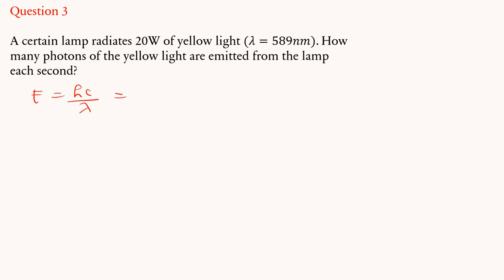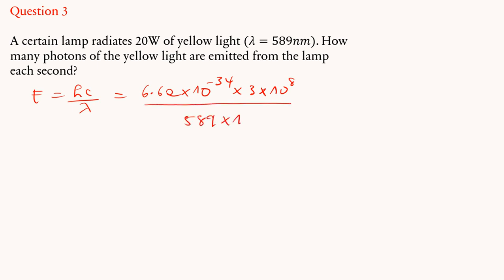So hc divided by lambda gives 6.62 times 10 to the minus 34 times 3 times 10 raised to the power 8, all divided by lambda, 589 nanometers, times 10 to the negative 9. And so we'll do the numerical application.